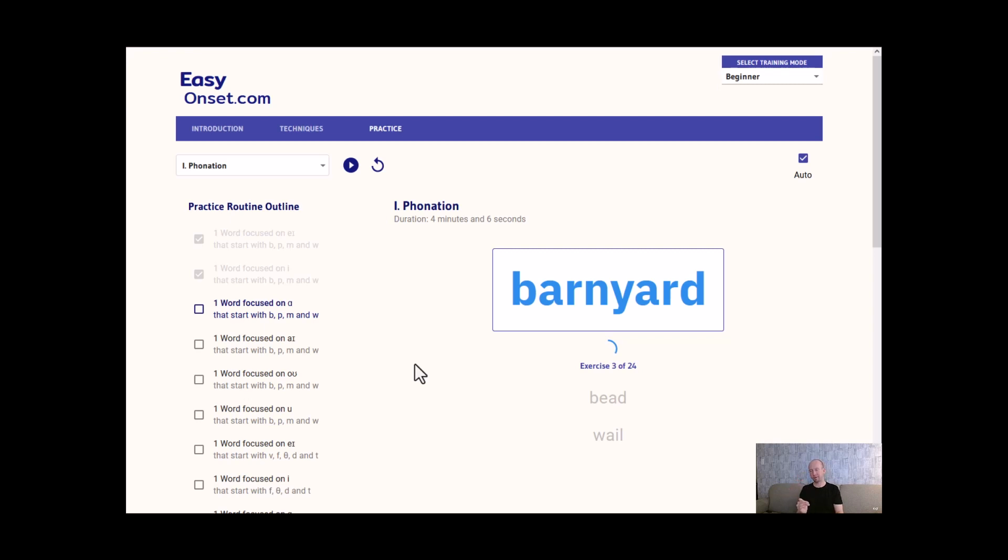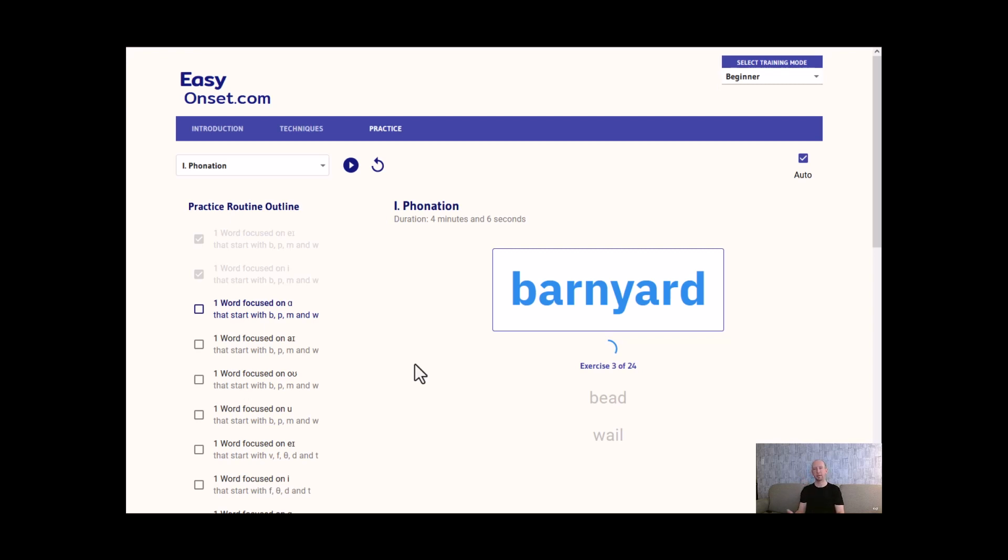Then the last part of this is the transfer from the nasal cavity down to the larynx. So that's kind of the third part of it, where it would end up looking more like barnyard.